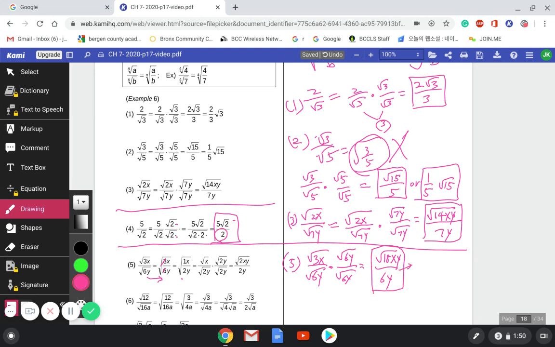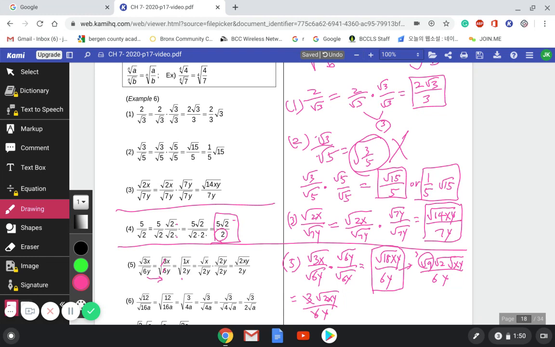You can simplify further because 18 contains square root of 9 and square root of 2. And square root of 9 is 3, right? So you end up with a 3 radical 2xy over 6y.